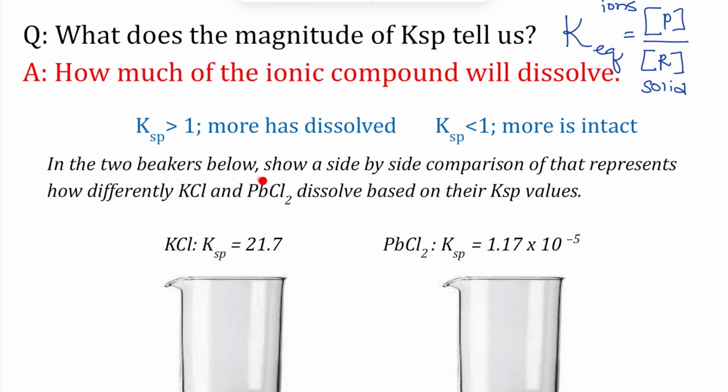And so in the 2 beakers below, show a side-by-side comparison that represents how differently potassium chloride and lead 2 chloride dissolve based on their KSP values. So if we have potassium chloride, that has a KSP value of 21.7. That means, since this KSP value is greater than 1, more has dissolved. So our number on the top is greater. We are going to have more ions than we have solid.